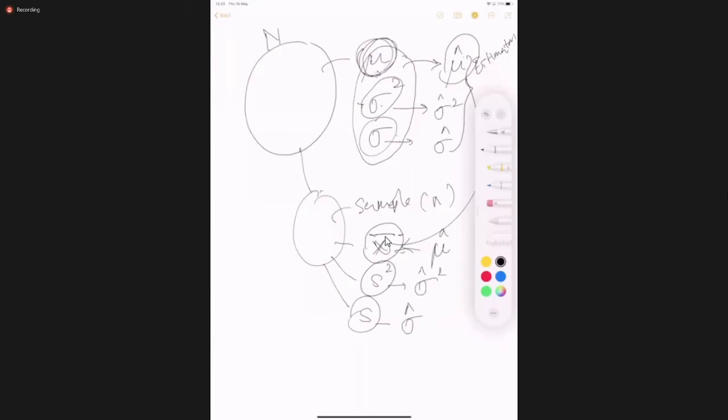But this is not valid every time, because sometimes when we need to calculate mu, we use the particular estimator mu hat to predict the population mean mu.